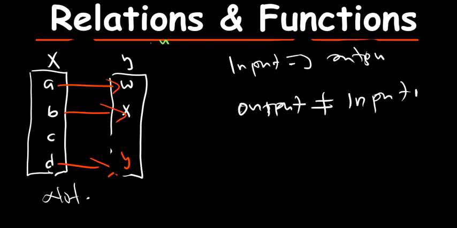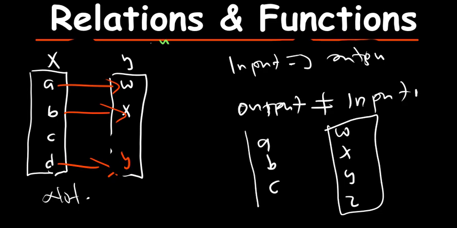So for example, if I give you A, B, C, and here I have W, X, Y, Z. What I mean is this: this goes there, this goes there, then this goes there.